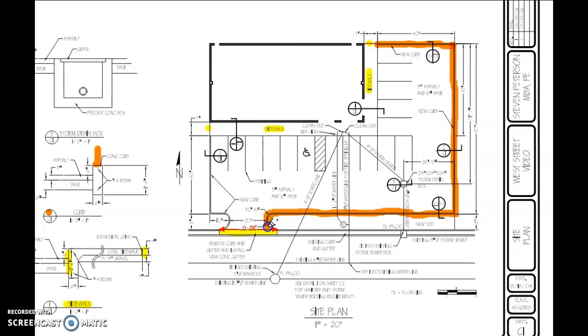So what you want to do is find the total length and then multiply it by 2, and that should give you your lineal foot of 18-inch high curbs. So you're going to have a radius here, a run, a run, a run, and a run over here, and a short run. So hopefully that helps you out on that.